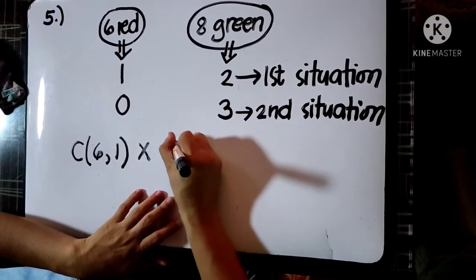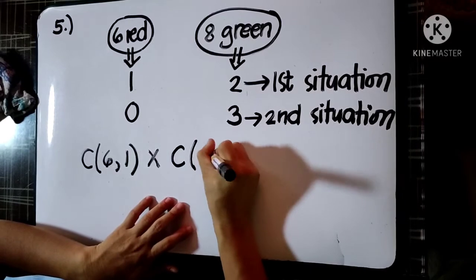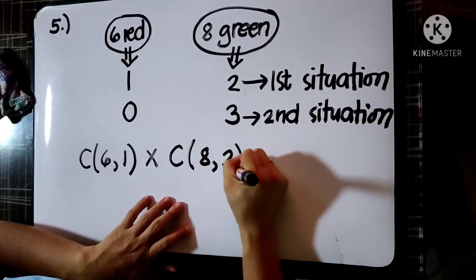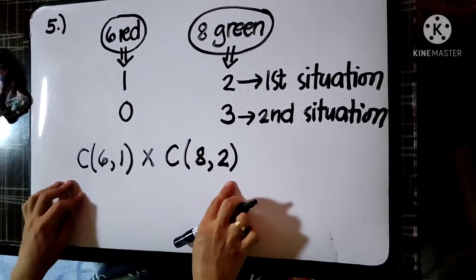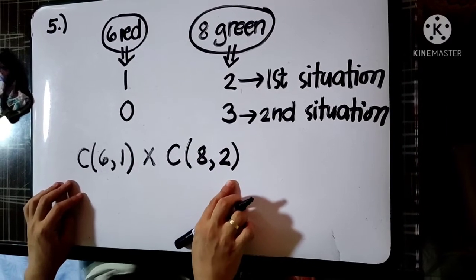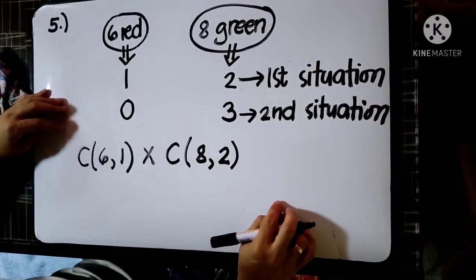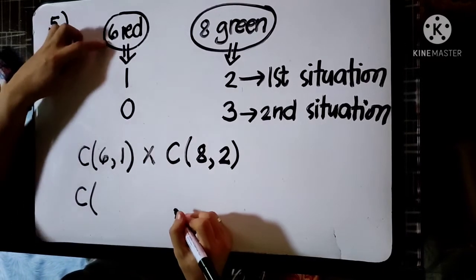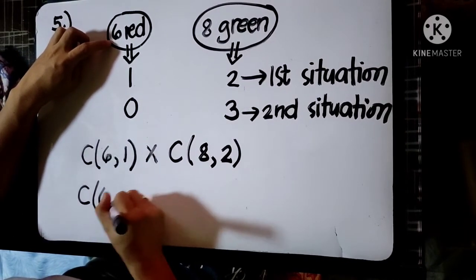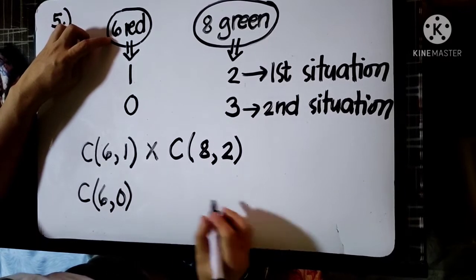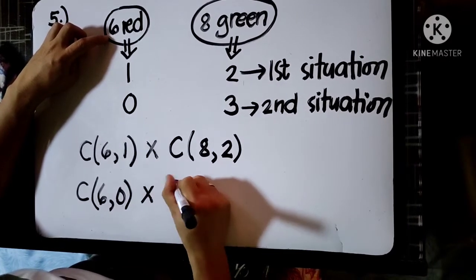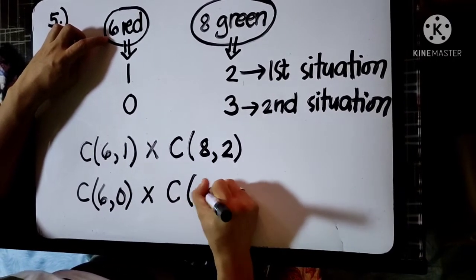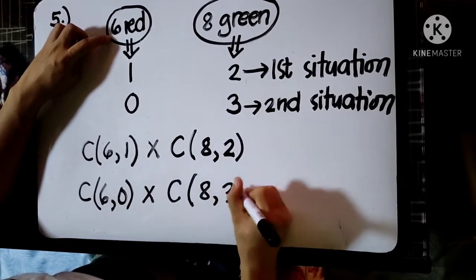Then times combination of 8 taken 2. So this will be the solution for the first situation. For the second situation, you can have combination of 6 taken 0 times the combination of 8 taken 3.